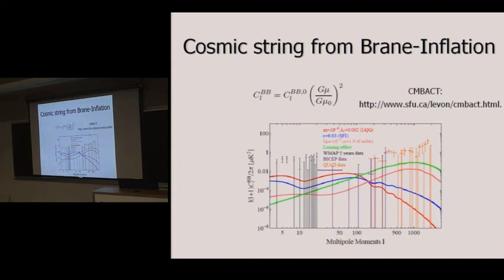So this is single field slow-roll inflation with a tensor-to-scalar ratio of 0.03, shown in this blue line. It has a large-scale reionization bump, a middle-scale recombination bump, and it becomes lower at higher L. For the cosmic string with G mu equal to 10 to the minus 7, we have this pink line.